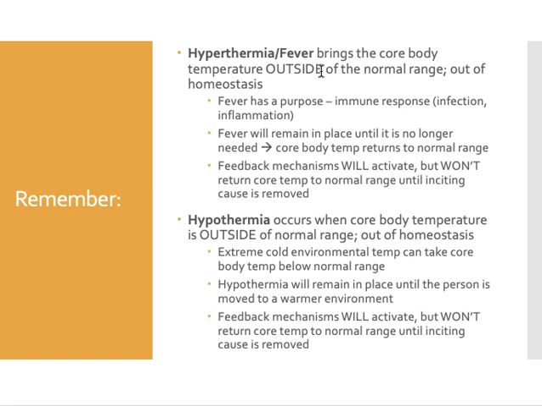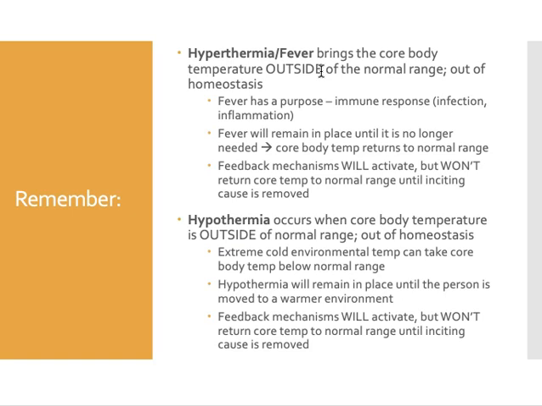While you have hyperthermia, while a person has a fever, feedback mechanisms are still trying. They will activate, but they won't be effective. They won't return the core temperature back to normal range. The only thing that's going to get it back to normal range is the end of the immune response, the end of the fever.